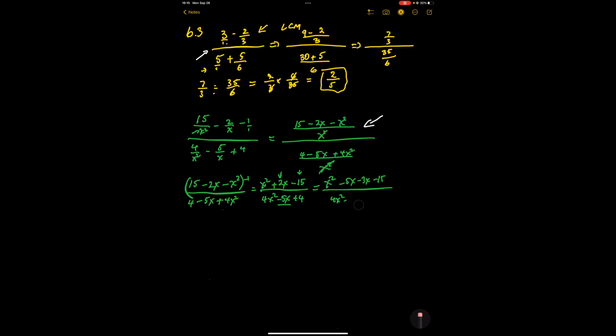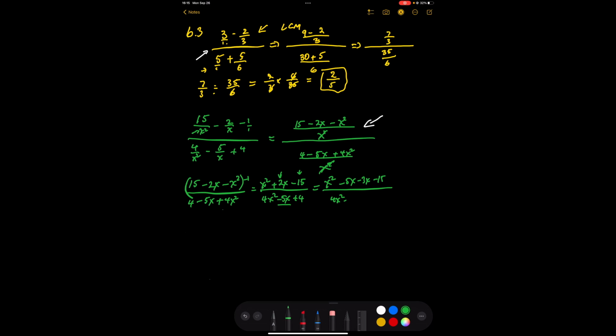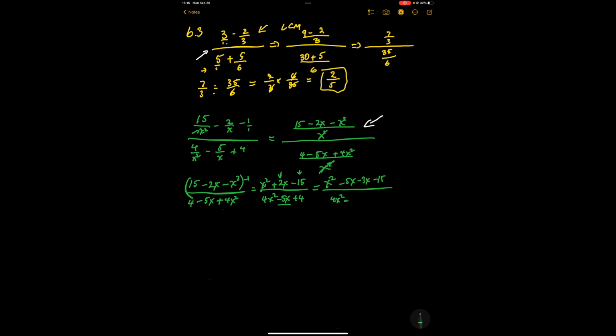We're going to factor the top part, which will be x squared minus 3x plus 5x minus 15.